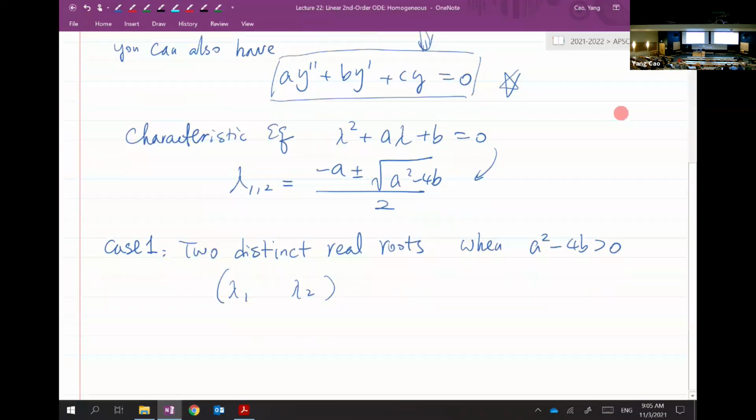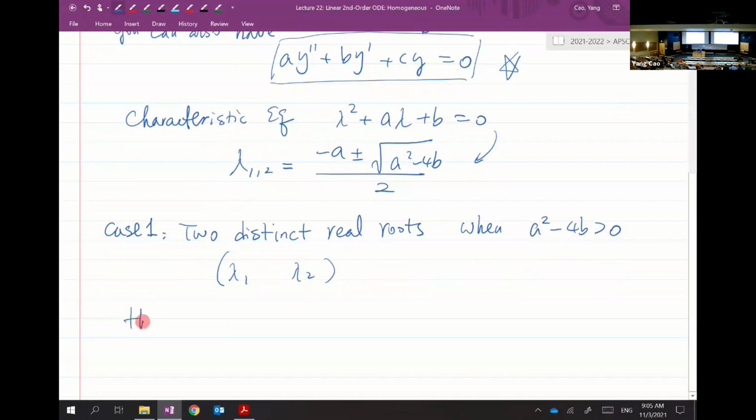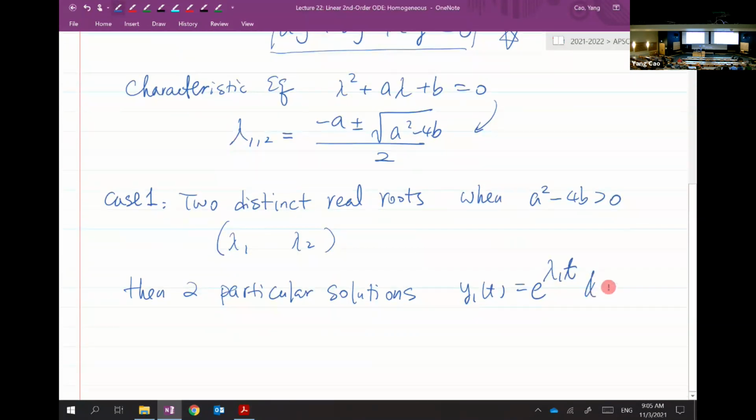Based on the two real roots, you're going to have two particular solutions. One is y1 of t equal to e to the power lambda 1t, and the other is y2 of t equal to e to the power lambda 2t.